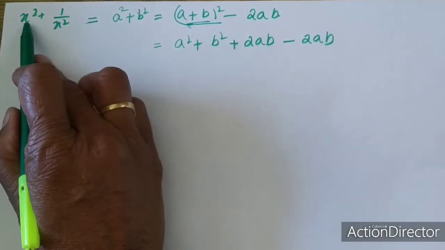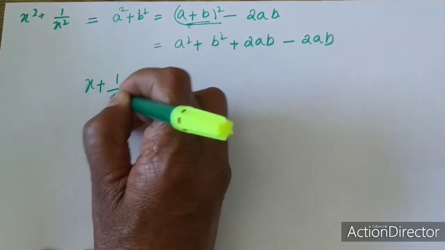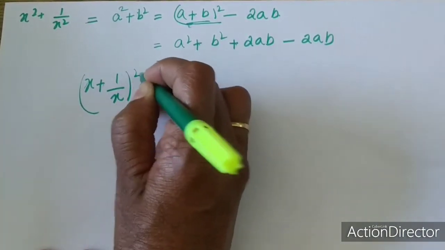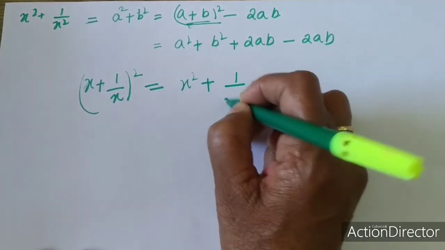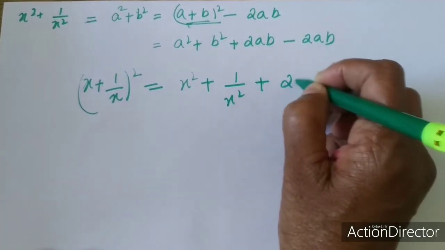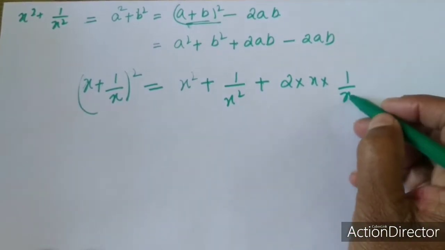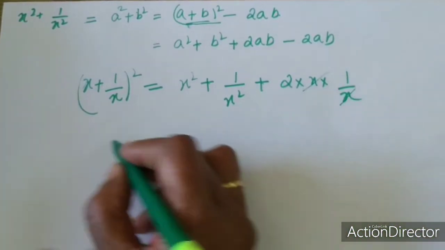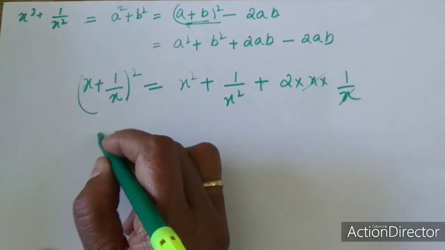Whenever you have a square term, immediately you find a plus b whole square, which is nothing but x square plus 1 upon x square plus 2 into x into 1 upon x. So this x and x will get cancelled. What is x plus 1 upon x? X plus 1 upon x, we saw it as 6.